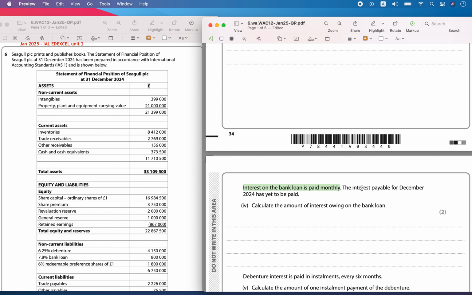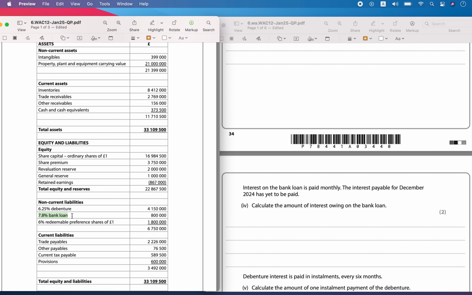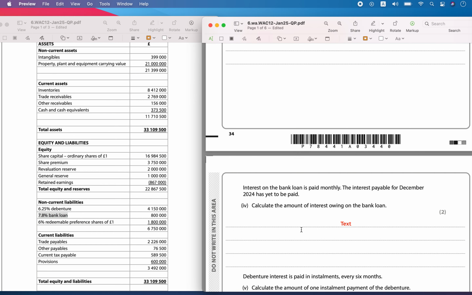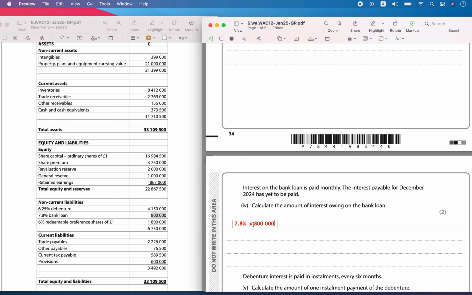Then interest on the bank loan is paid monthly. The interest payable for December 2024 has yet to be paid. Calculate the amount of interest owing on the bank loan. We can see that 7.8% of the bank loan is the interest that is going to be paid. So 7.8% of the bank loan value of 800,000.